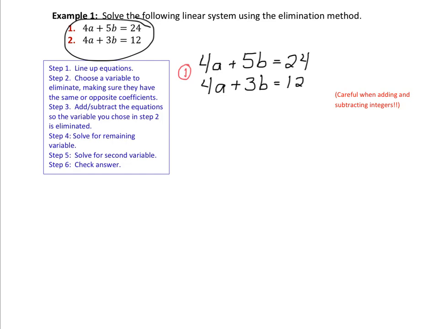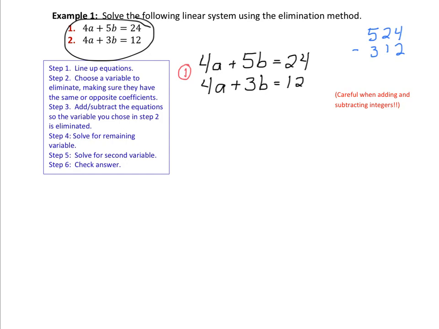And why do we need to line up the columns? Well, if you were just adding or subtracting any two numbers, say, I'll just do this on the side, 524 minus 312. You need to line up the columns so that you have the ones in the first column, the tens in the second column, and the hundreds in the third column.